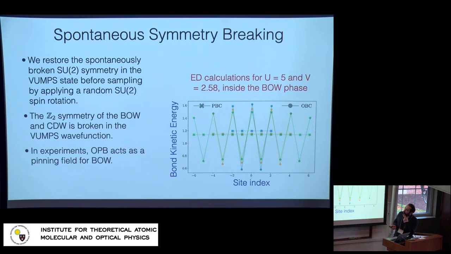Also, if you are in the BOW or CDW phase, the Z2 symmetry is obviously broken, and that is actually essential for our analysis. We don't want to sample from the two degenerate ground states with equal probability. We actually want that to be broken to sample from one of the two Z2 symmetry wave functions, ground state.